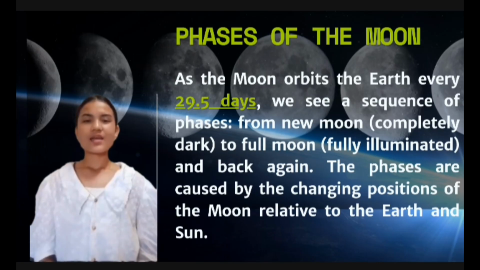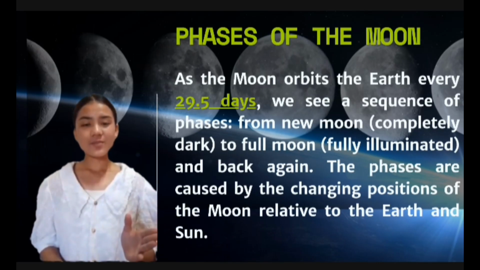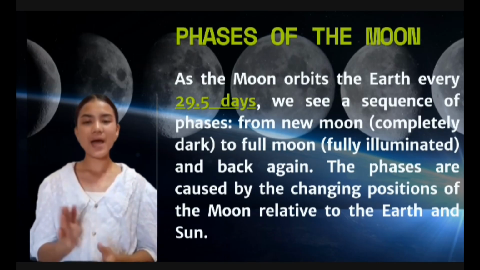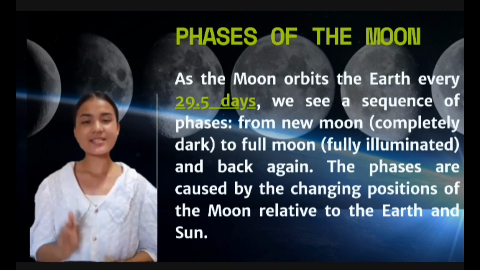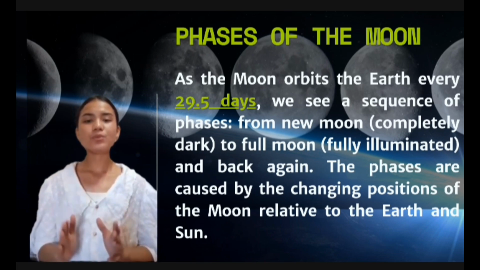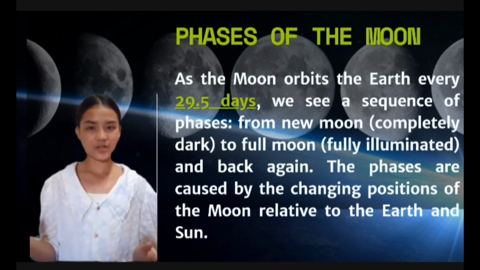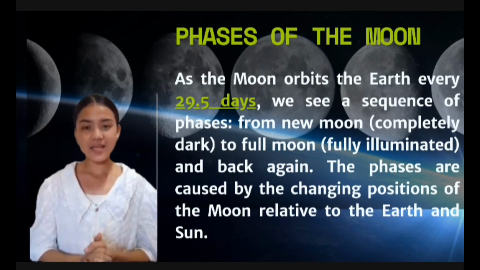This continuous change in the moon's appearance is due to its position relative to both the Earth and the sun. In the solar eclipses, a solar eclipse happens when the new moon passes directly between the Earth and the sun, casting a shadow on Earth. In other words, a solar eclipse is a celestial event where the moon moves between the sun and the Earth, blocking the sun's light and casting a shadow on Earth.